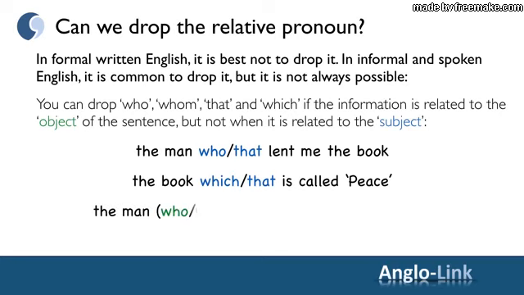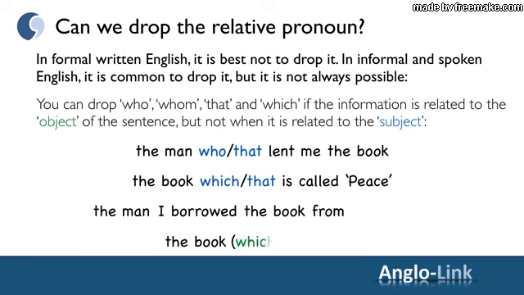However, in the clause, the man who or whom I borrowed the book from, the man is the indirect object for the verb borrow. Therefore, you can drop the relative pronoun. The man I borrowed the book from. Also, in the clause, the book which or that I borrowed, the book is the direct object of the verb borrowed.